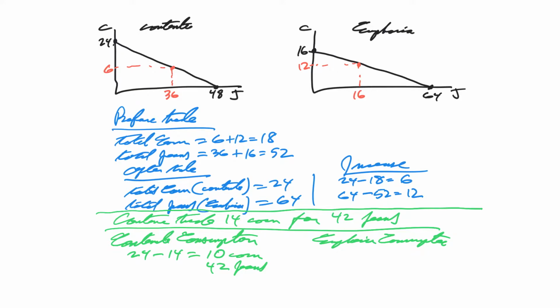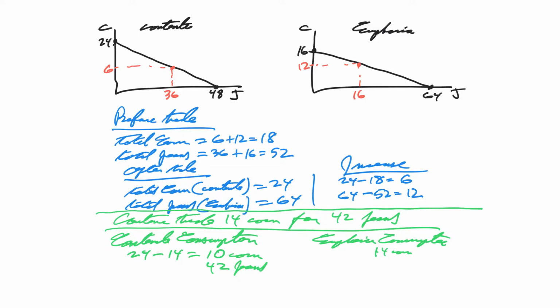Well, they're getting 14 corn. Remember, they're not producing any corn. They're getting 14 corn from Contente. And then they're trading away 42 jeans.